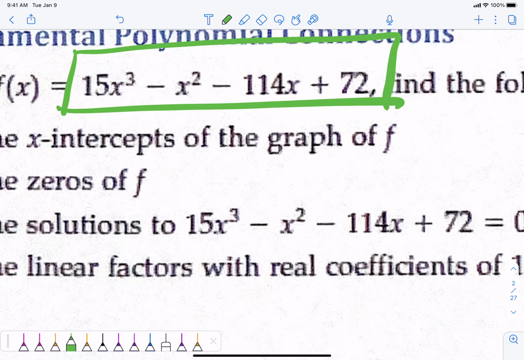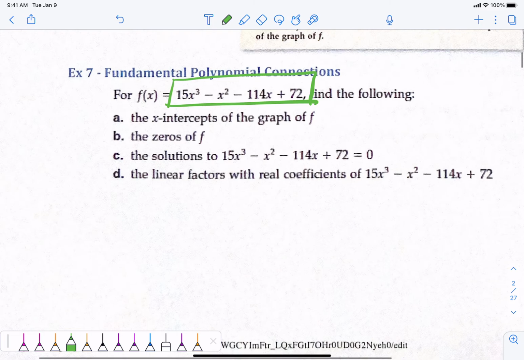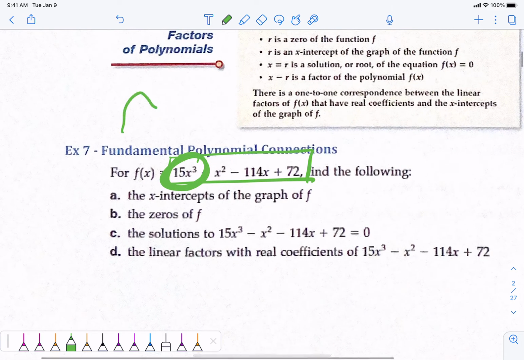I'm going to make sure the window is negative 10 to 10 and negative 10 to 10. Rachel says it doesn't work. Does it work? Yes, it does. Look at mine, it works. Do you know what an x to the third power function looks like? It looks something like this, right?